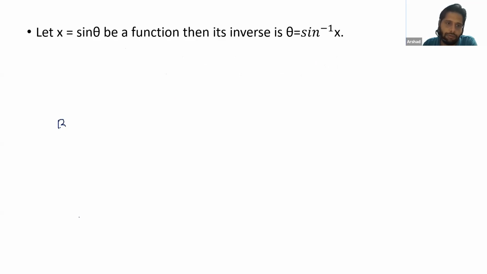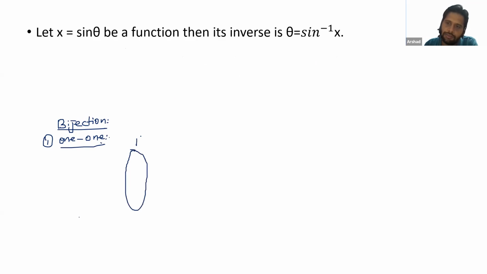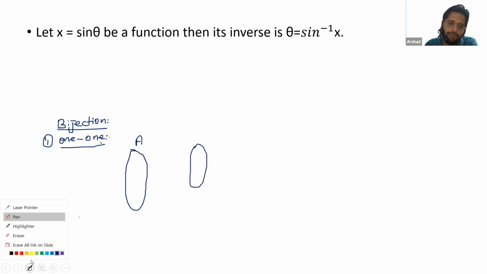I guess you have a doubt in bijective function, bijection. First, we will again discuss one-one. I will give you three cases, and you need to tell which is a one-one function from these.